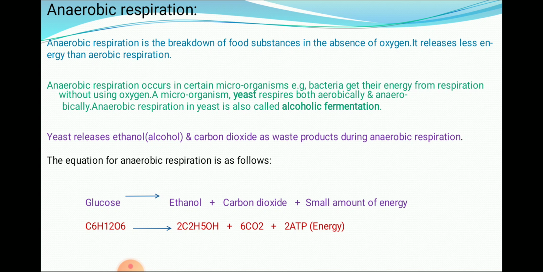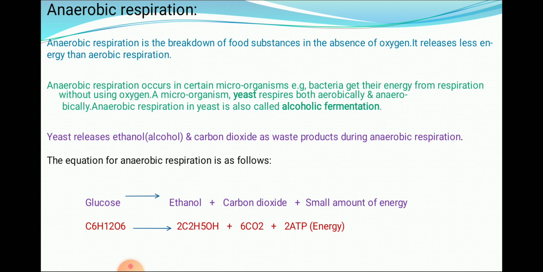And chemically the reaction is represented as C6H12O6, that is glucose, breaks down into C2H5OH, that is ethanol, plus CO2, that is carbon dioxide gas, plus 2 ATP, that is 2 molecules of adenosine triphosphate.